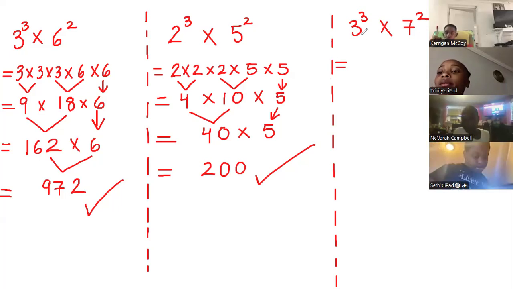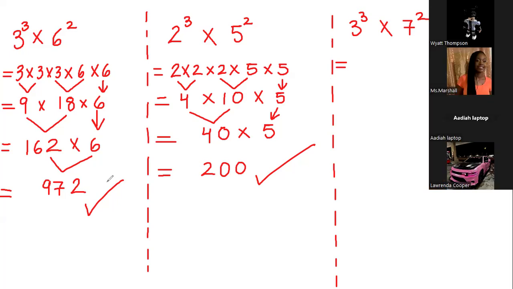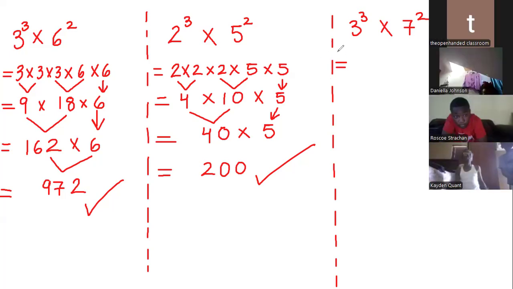Daniela, what we gonna do for this one? We have 3 cubed. What is that gonna be? 3 times 3 times 3 times 7 times 7.